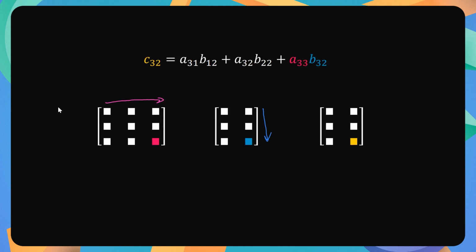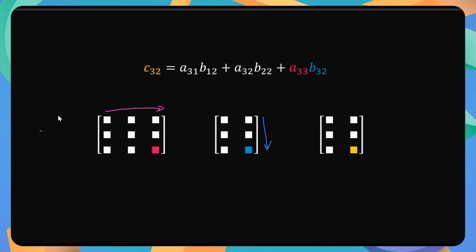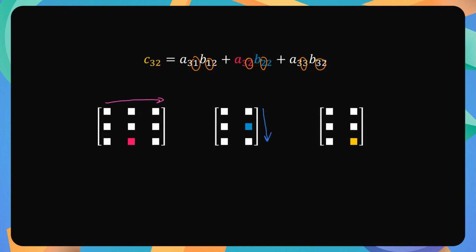So notice that when we are actually doing the matrix multiplication process, the elements need to also have the same row and column number. And you would also notice this in the other previous elements as well. So you could also see it here that they have the same row and column number.